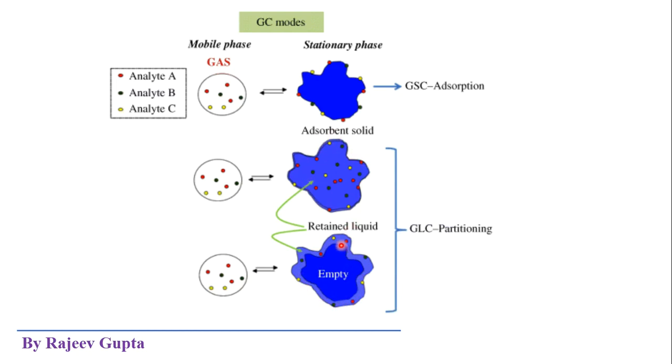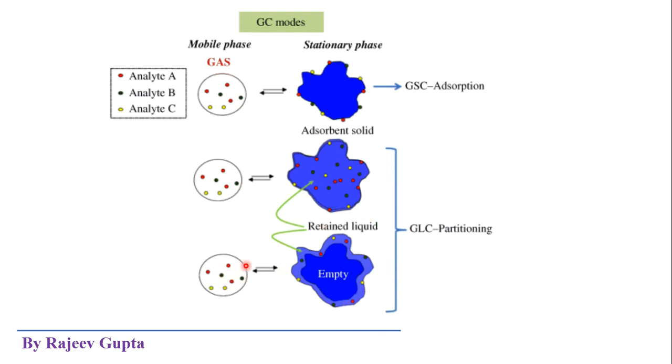Here we can see that the inside core portion is the solid particle, and the outer light blue colored portion is a coated thin film of non-volatile liquid phase. So this is the stationary phase.